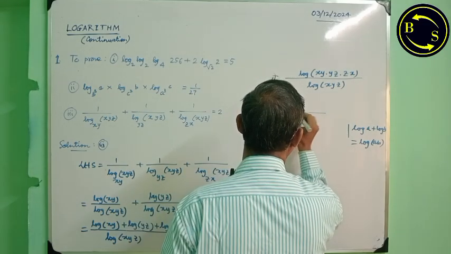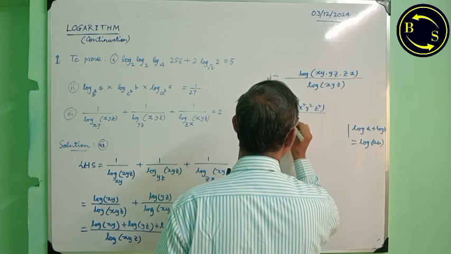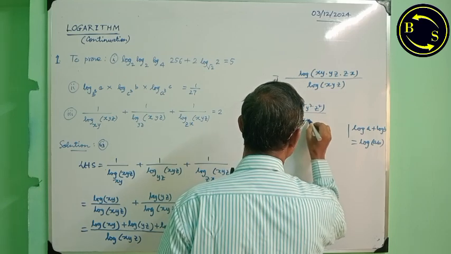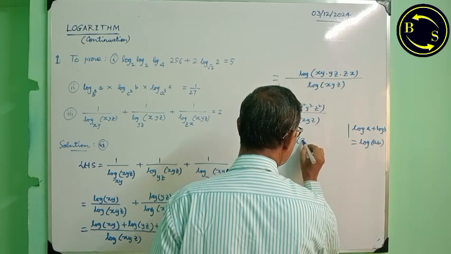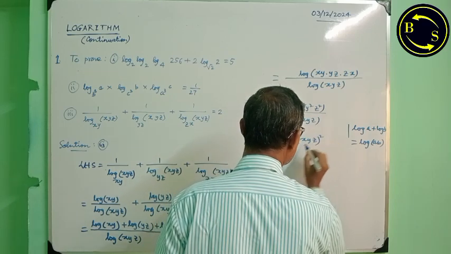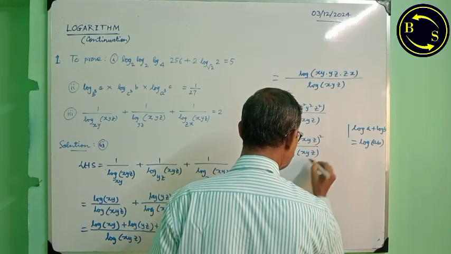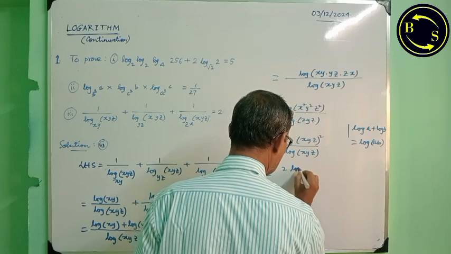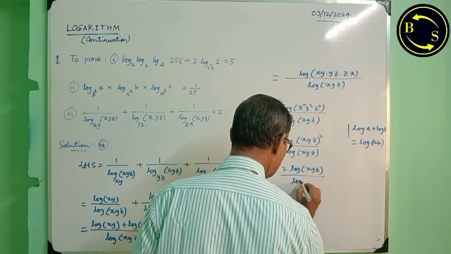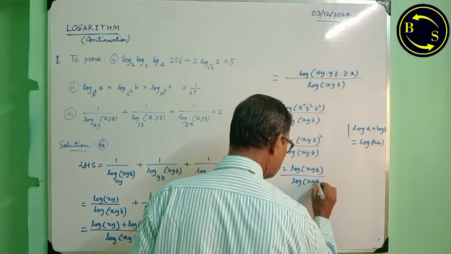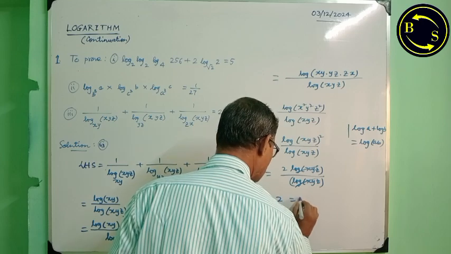Log of x square, y square, z square divided by log of x, y, z. This is log of x, y, z whole square by log of x, y, z, that is 2 log of x, y, z by log of x, y, z. These two cancelled. Therefore, finally we get 2.